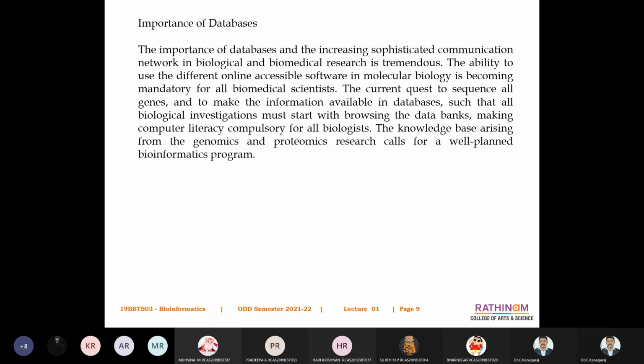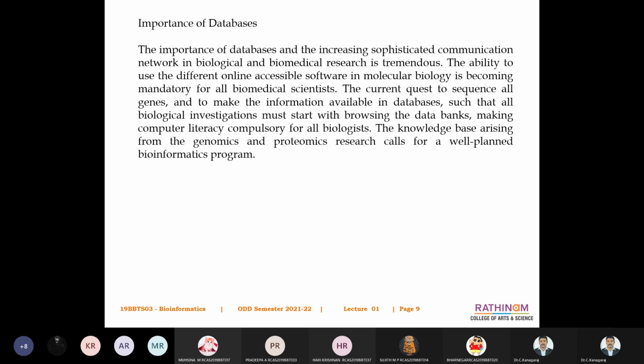The current quest to sequence all the genes and to make the information available in the database is such that all biological investigation must start with browsing the data bank, making computer literacy compulsory for all biology. The knowledge base arising from genomics and proteomics research calls for a well-planned bioinformatics program.